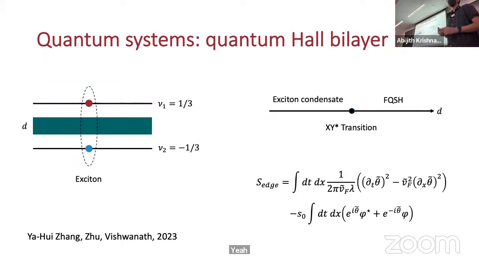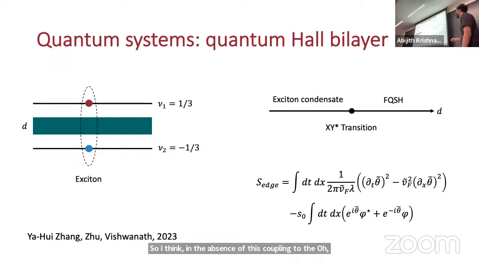Maybe two things. One is that in the real case, if you have something like a Luttinger liquid, and you try to add some interaction terms like a cosine, usually that transition will be more like a BKT transition. How is that BKT related to XY star?